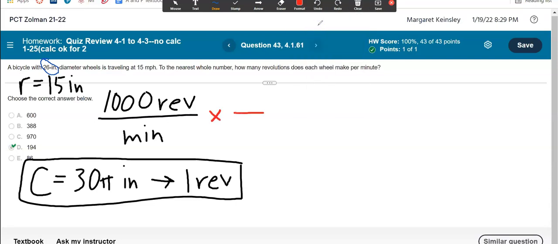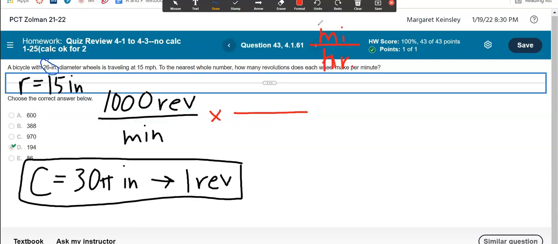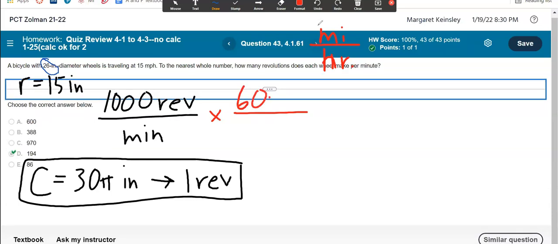We're doing the factor label method. If I'm doing miles per hour, then I've got to convert the minutes to hours, so minutes on top. 60 minutes on top is the equivalent of 1 hour, so the minutes are gone.